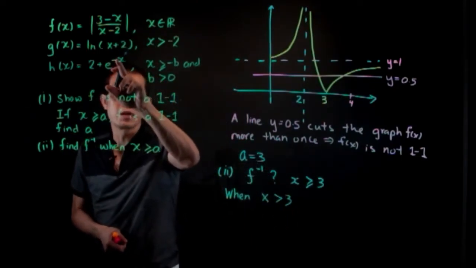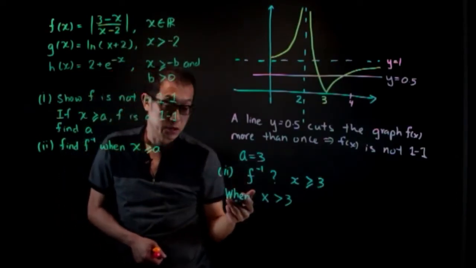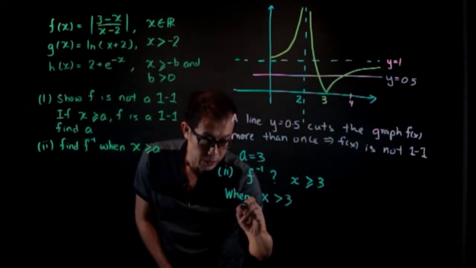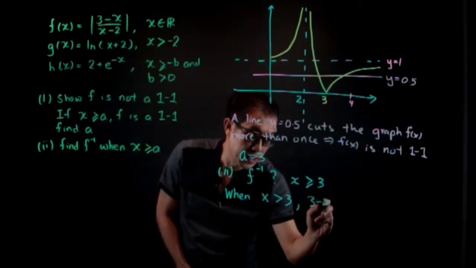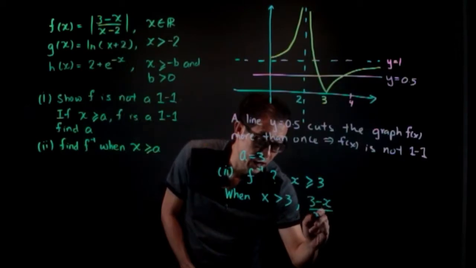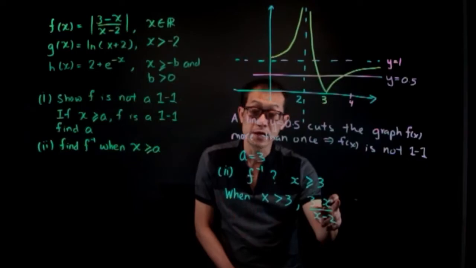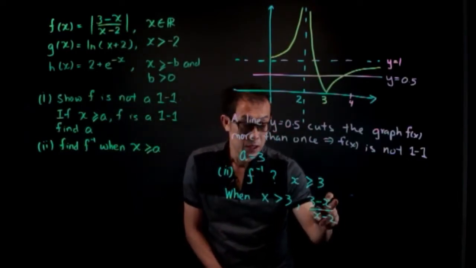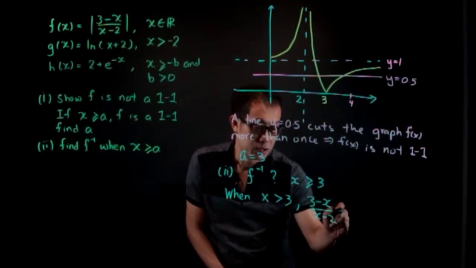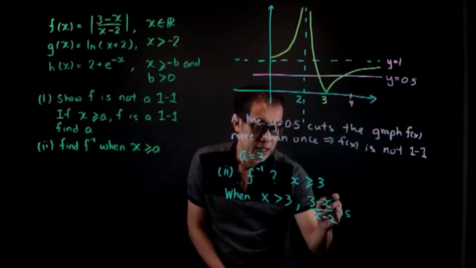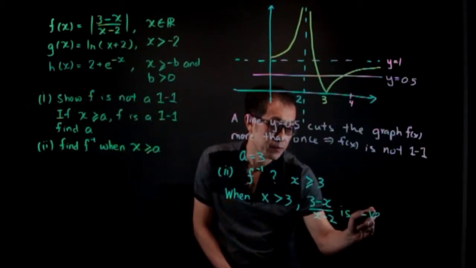We want to see whether 3 minus x over x minus 2 is positive or negative. So when x is greater than 3, let's say x is equal to 1,000, the top will be negative, the denominator will be positive. So 3 minus x over x minus 2 is negative.